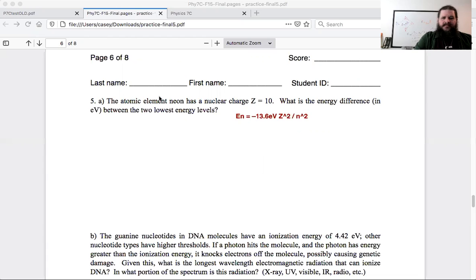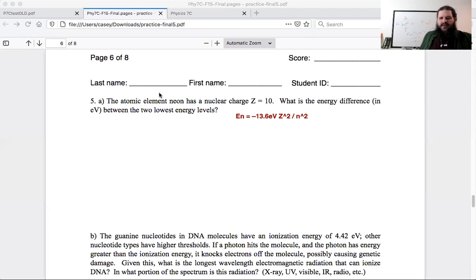Sorry, I have a question. How did you know that this was the hydrogen-like atom formula? Well, we know it's at least an atom. And the only formulas we really have at this point for quantum energy levels are the hydrogen-like atom, the oscillator, and the electron in a one-dimensional box.